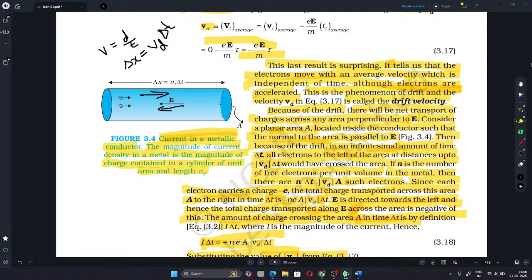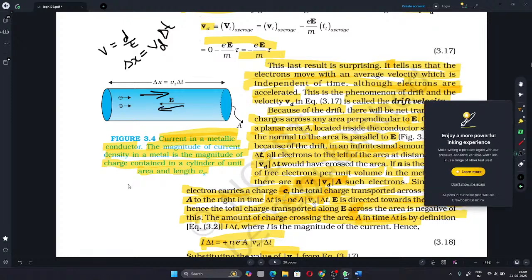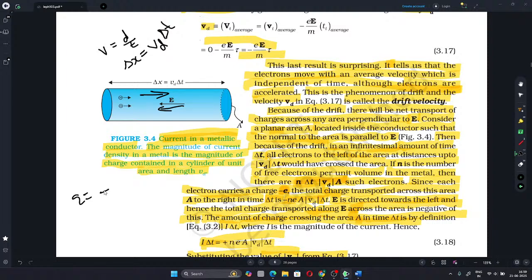So n A vd delta t gives the number of electrons, and if we need the charge of such electrons, we need to multiply it by minus e. We get the charge Q equals minus n e A vd delta t.